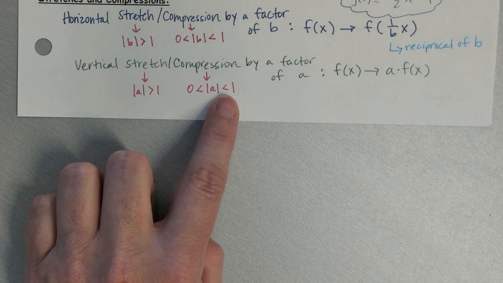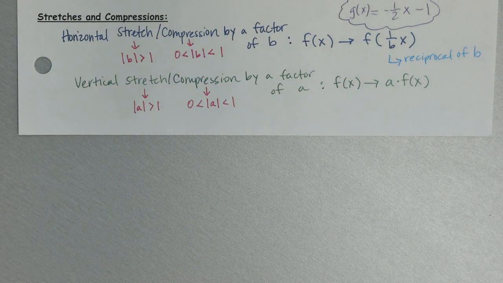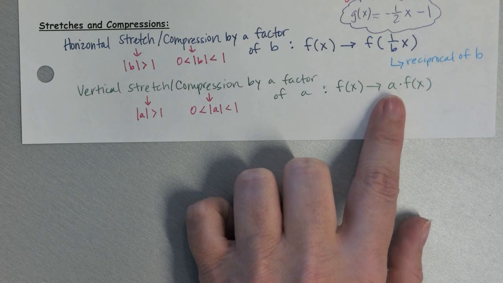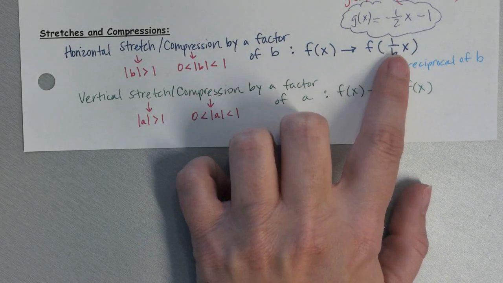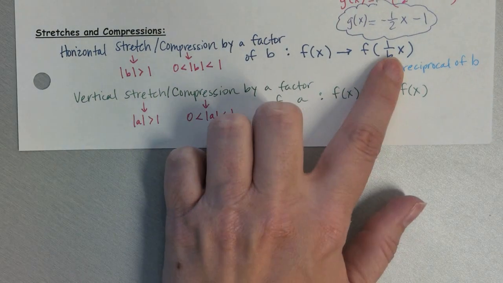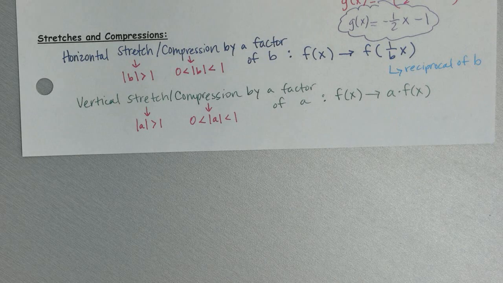That number, so it would just be the same. So it wouldn't change that. And then the factor of A is going to be on the outside. So if it's horizontal, it's inside, it's directly on the x. Horizontal affects the x. And then here, the A is on the outside because it's going to be affecting your y.